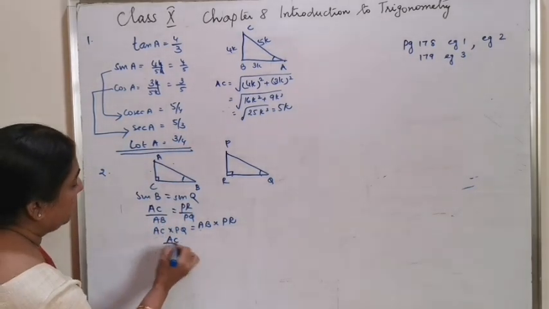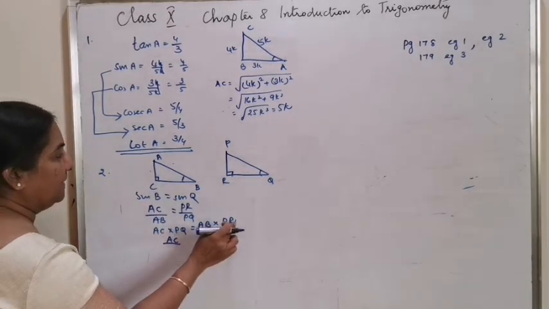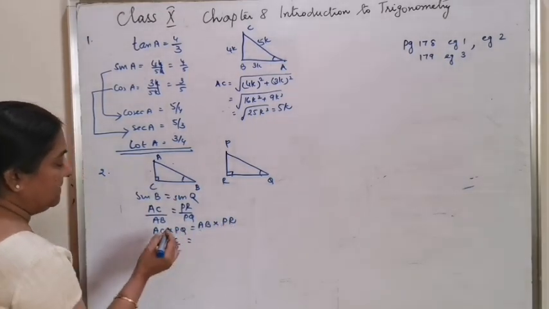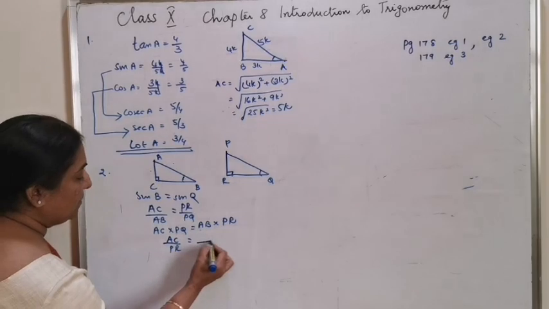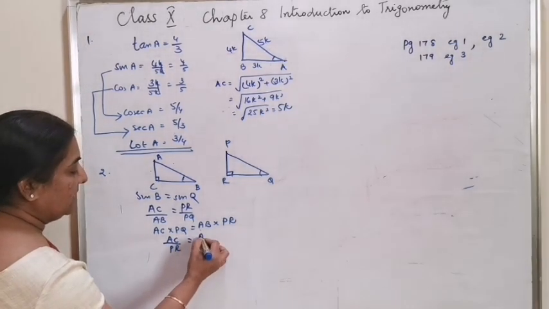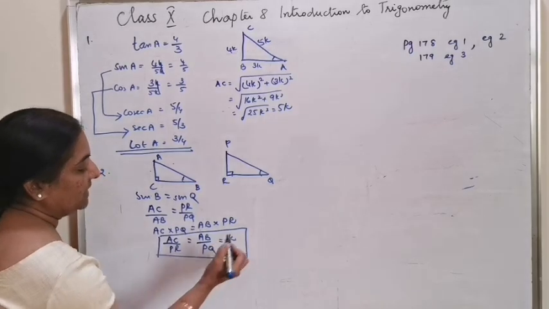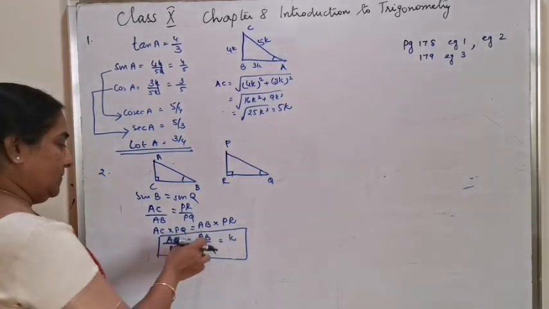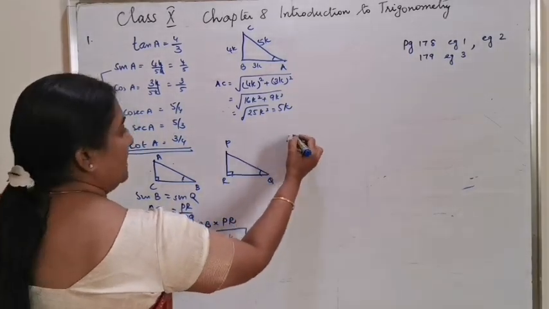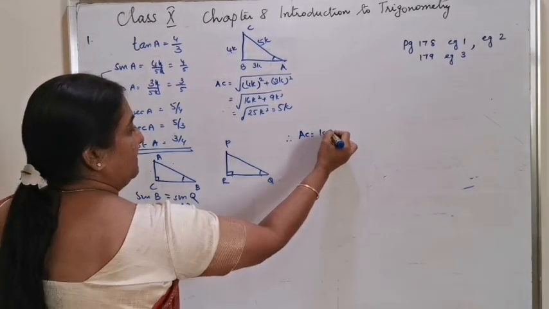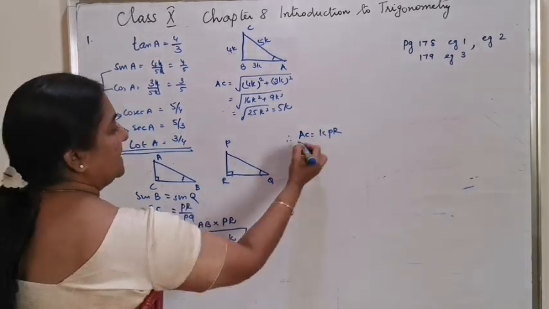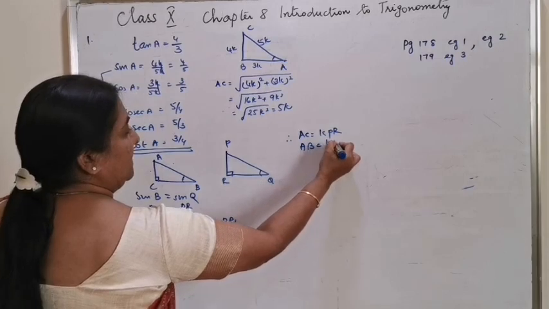That is AC by PR is the same as AB by PQ, let it be equal to K. That is a constant, which shows that AC can be written as K PR and AB can be written as K PQ.